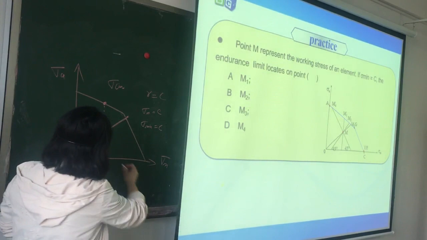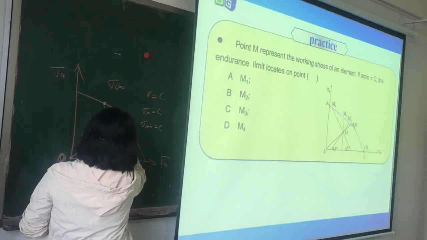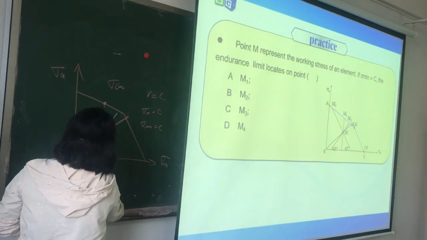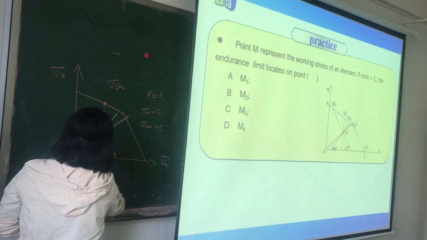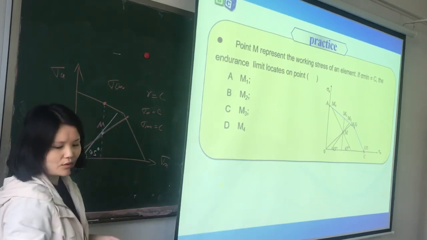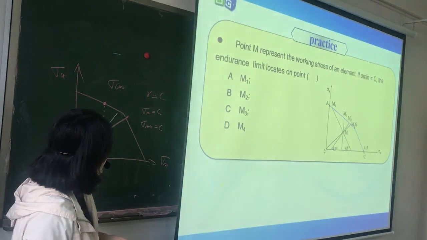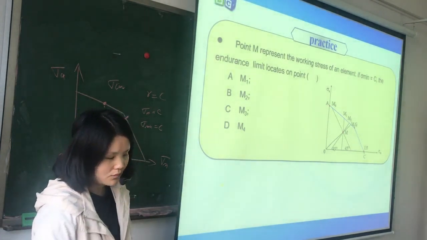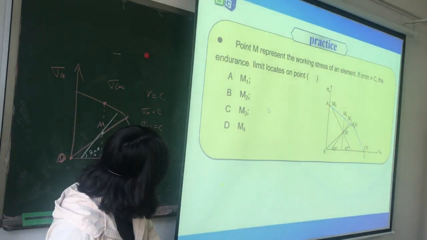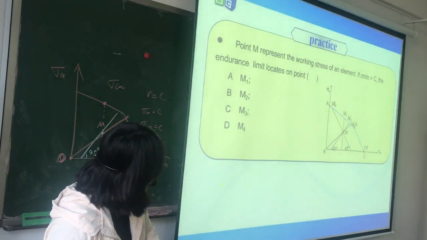And when the minimal stress is constant, we draw a line with an angle of 35 degrees. So which point represents the endurance limit?